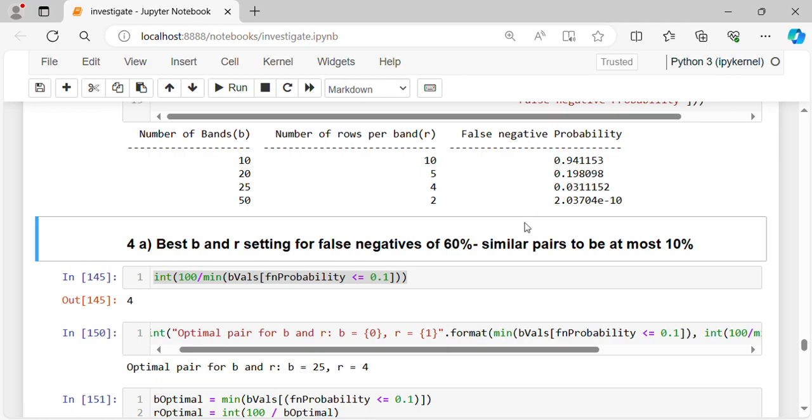If you look at the false negative probability less than or equal to 0.1, it is the very last one, 2.03 exponent minus 10. And that's when B equals 50 and R equals 2.